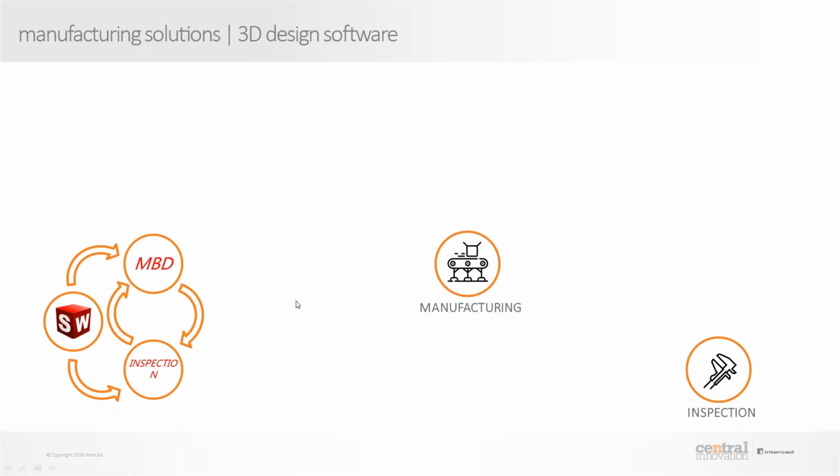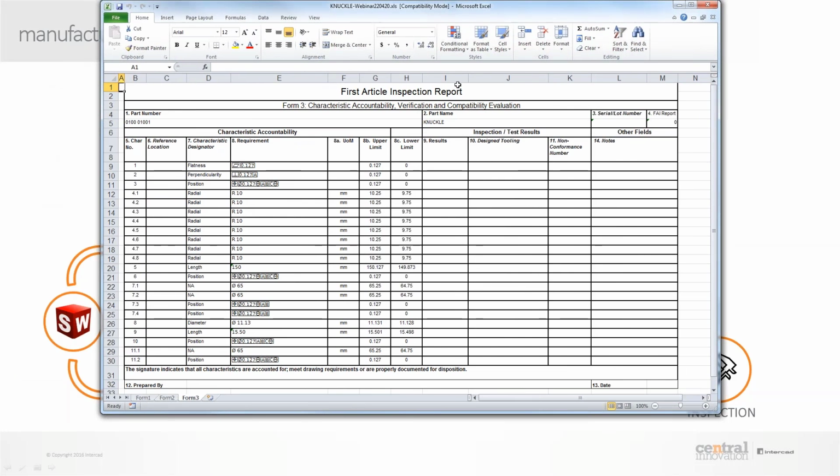So while I get that, let me explain how I did this. So, okay, here it is. So this is the first article inspection which has been created.